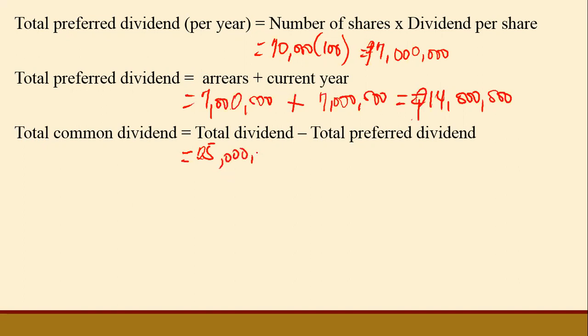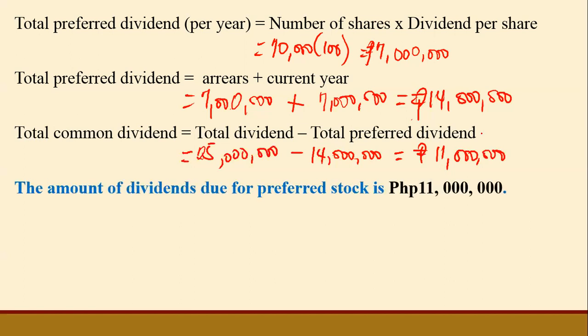So 25 million minus the 14 million na total preferred dividend. Okay, so this is equal to 11 million pesos. Okay? So the amount of dividends due for common stock is 11 million pesos.